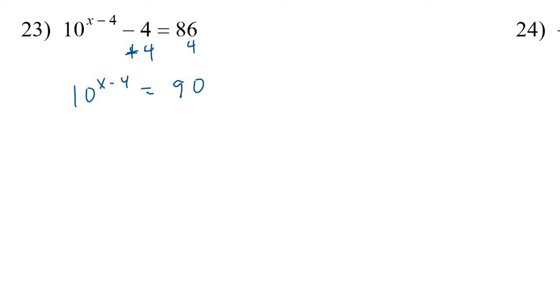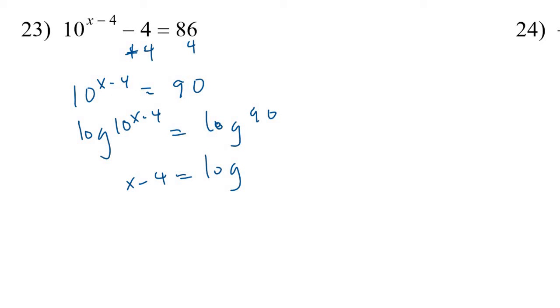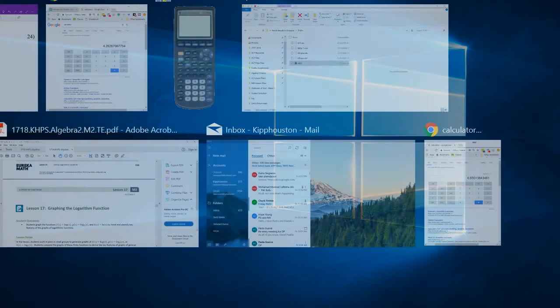And then I take log base 10 of both sides: log base 10 of 10 to the power of x minus 4, and log base 10 of 90. The left side, using the inverse property, is just x minus 4. And then we are left with log base 10 of 90. We can use a calculator to do that.